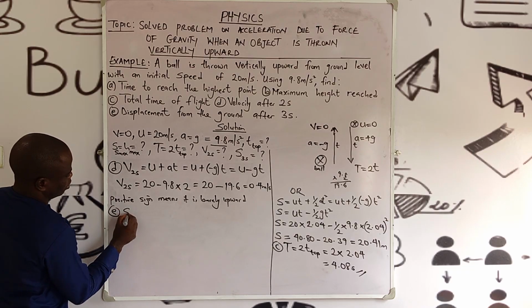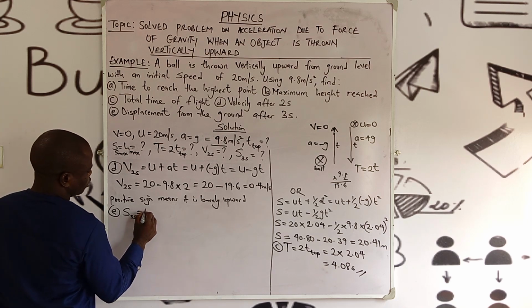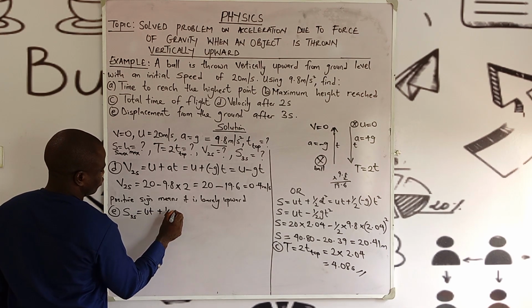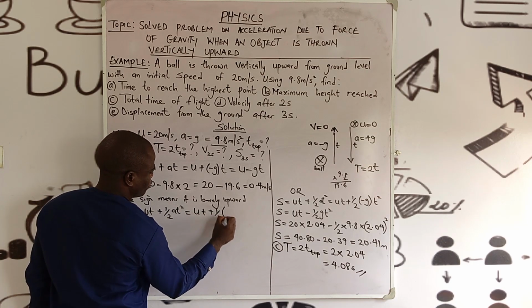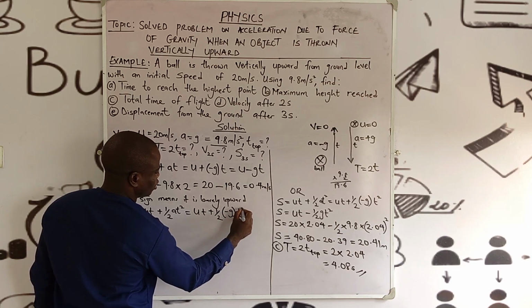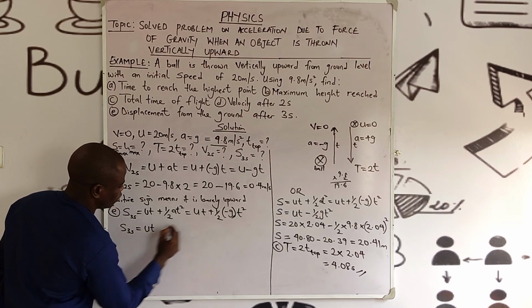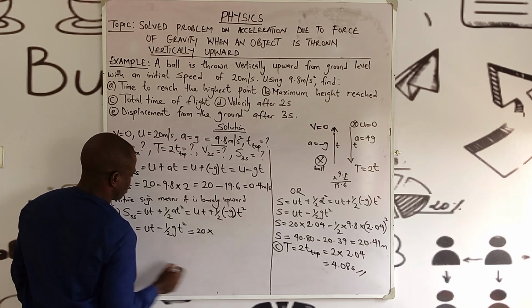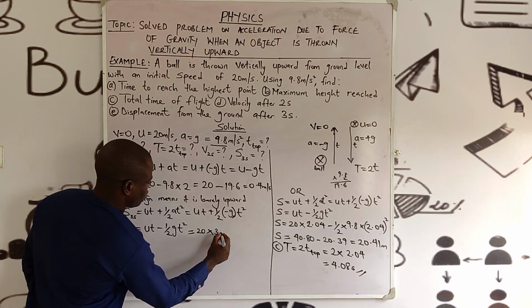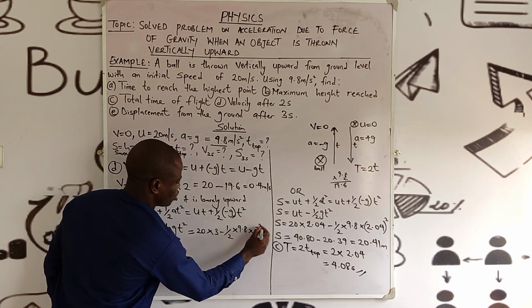the displacement from the ground after 3 seconds, which is ut plus half at squared, equals ut plus half minus g, going upward against the force of gravity. s at 3 seconds equals ut, positive and negative give us negative half gt squared, where u is 20 times our time 3 seconds, minus half times 9.8 times 3 squared.